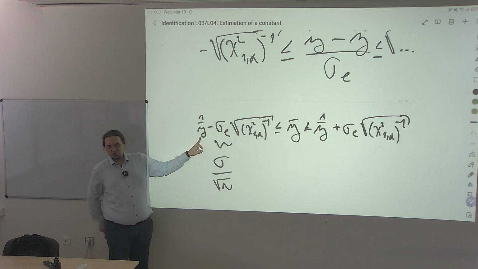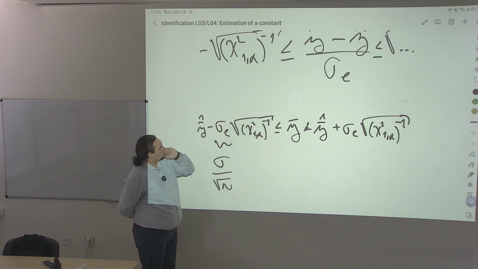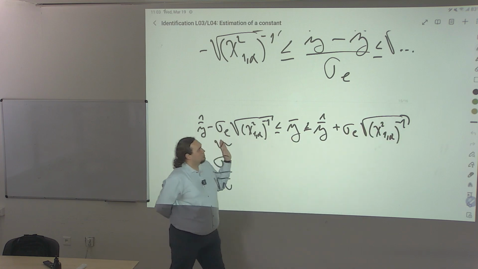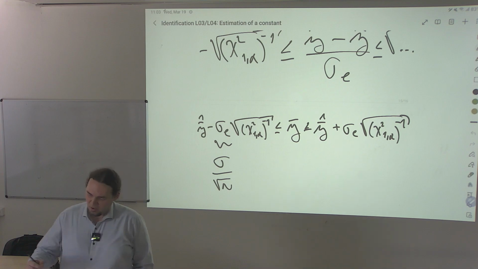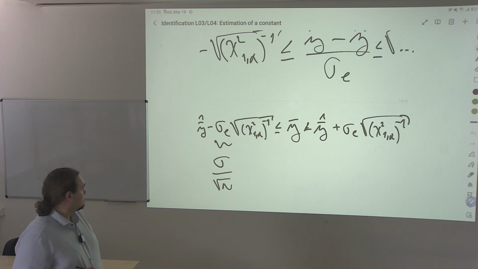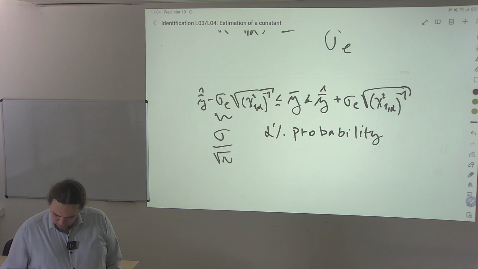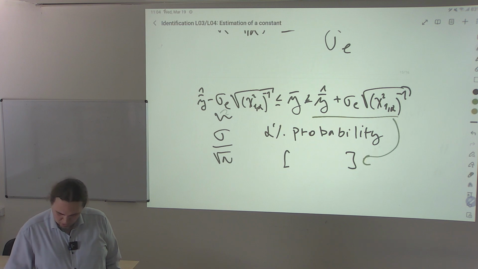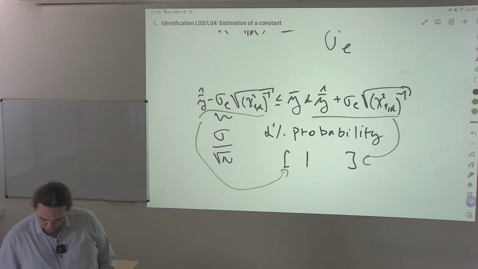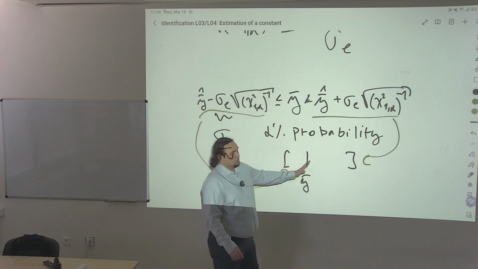What we found was this estimate y bar hat, and by subtracting some particular number from it and adding some particular number to it, we found that with alpha percent probability, in this interval, my true value y bar will lie somewhere there.